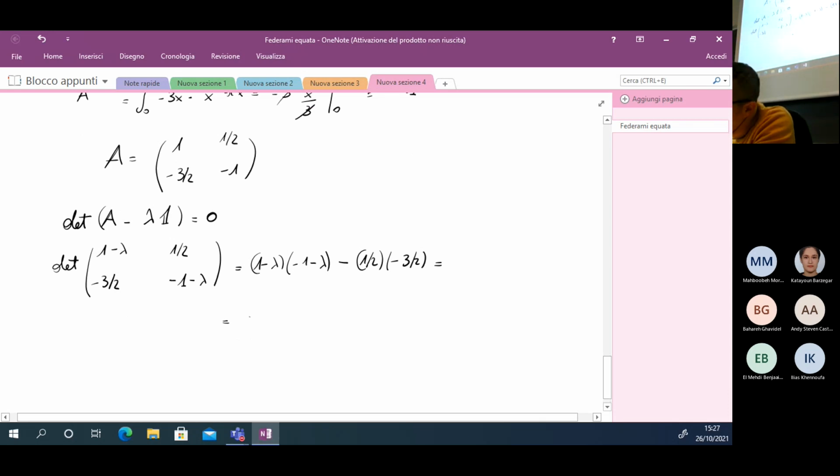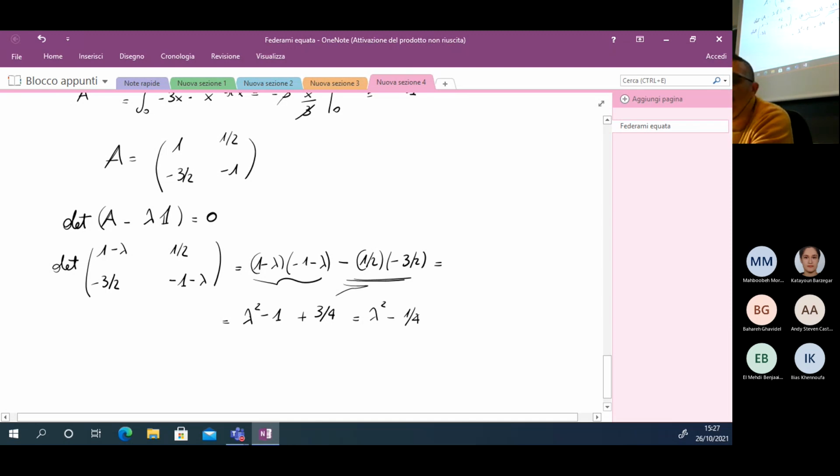And this gives me lambda squared minus 1 given by this, plus 3 over 4 given by this. And this is equal to lambda squared minus 1 over 4.